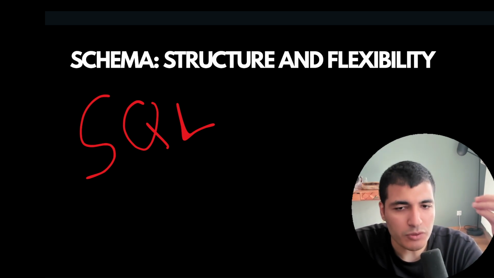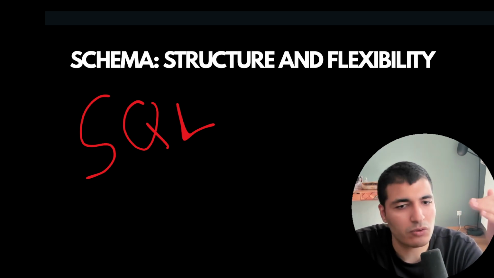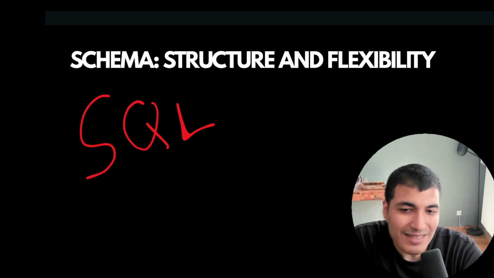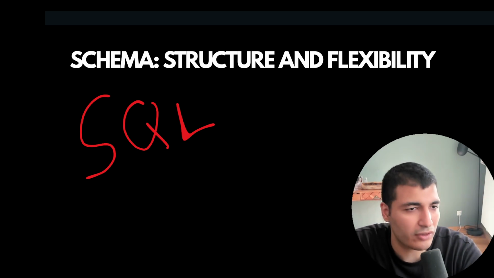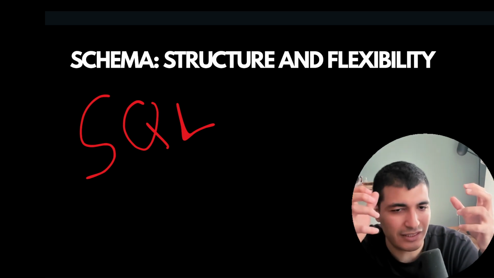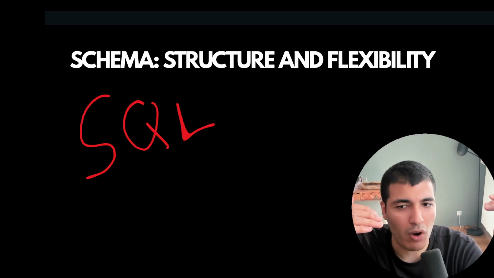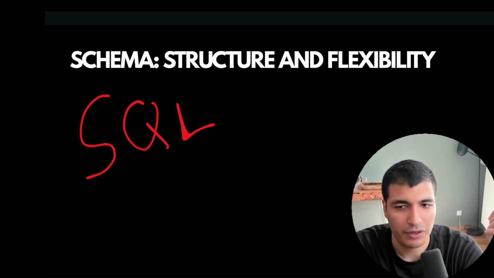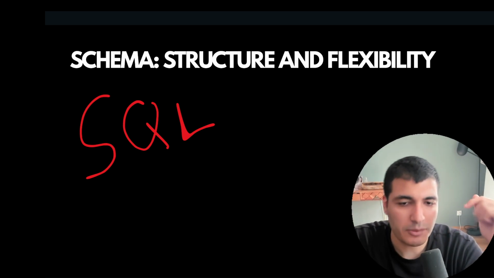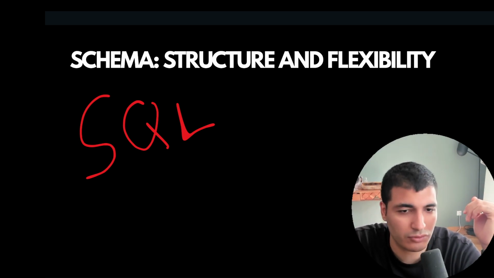This schema enforcement ensures that all the data in your database adheres to a consistent structure, which is fantastic for data integrity, basically, and also great for accuracy. However, this rigidity can sometimes make it slower to adapt to changing application requirements. If you need to add a new column, for example, you often have to perform a schema migration, which can be a complex process, especially in large production systems, and it might even require downtime.